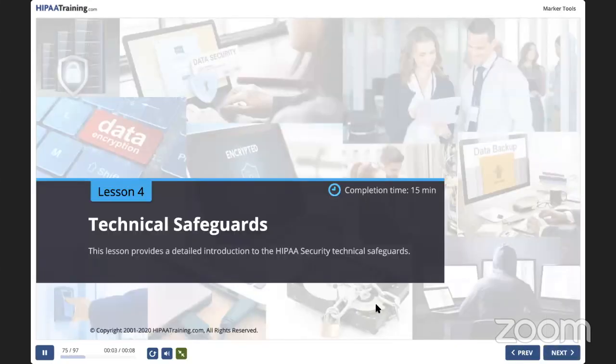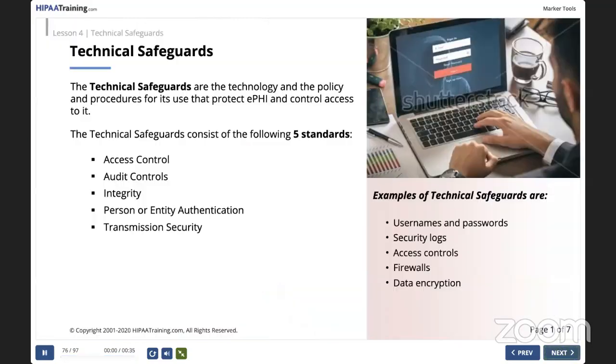Technical safeguards. This provides a detailed introduction to the HIPAA security technical safeguards. The technical safeguards are the technology and the policy and procedures for its use that protect EPHI and control access to it.